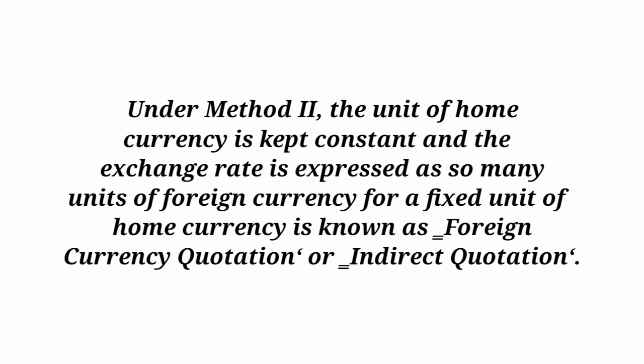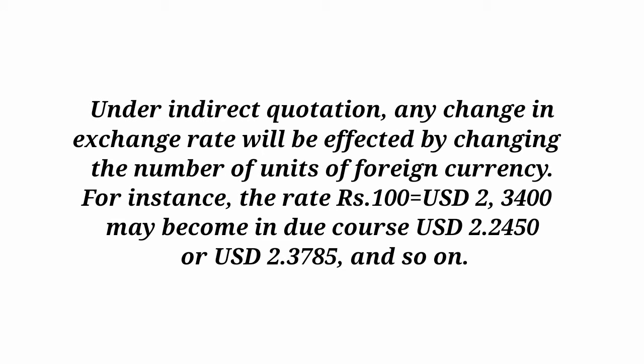Under method 2, the unit of home currency is kept constant and the exchange rate is expressed as so many units of foreign currency for a fixed unit of home currency. This is known as foreign currency quotation or indirect quotation. Under indirect quotation, any change in the exchange rate will be affected by changing the number of units of foreign currency.